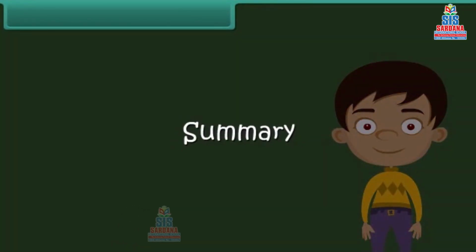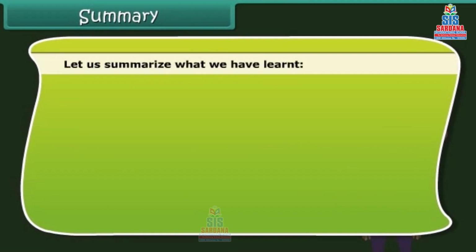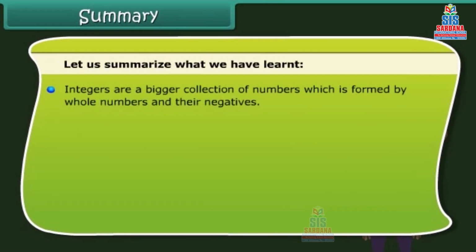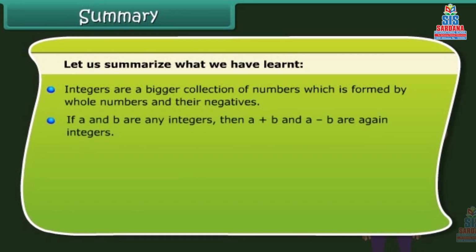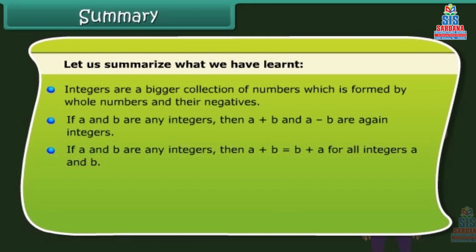Summary. Let us summarize what we have learned. Integers are a bigger collection of numbers which is formed by whole numbers and their negatives. If a and b are any integers, then a plus b and a minus b are again integers. If a and b are any integers, then a plus b is equal to b plus a.